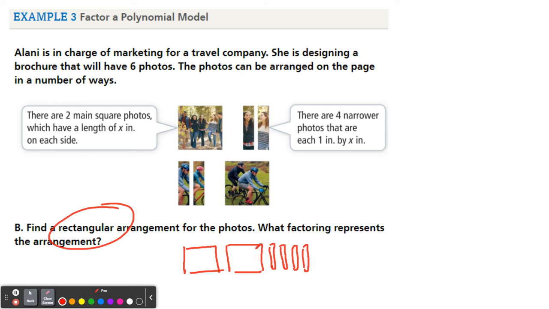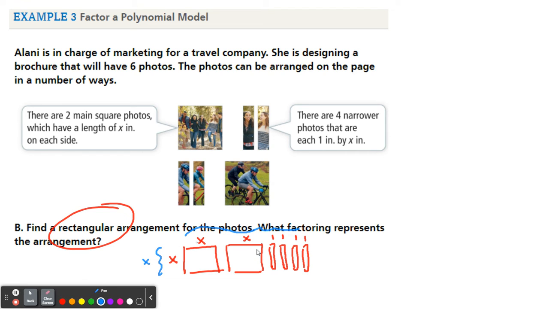So this is a rectangular arrangement. Each square has a dimension of x by x. So we know that the height of the overall rectangular region is going to be x. But what is going to be the length of the overall rectangular region? Well, that's where you have to look at the individual dimensions. This square has a base of x, so does this one, and all of these rectangles have bases of 1.